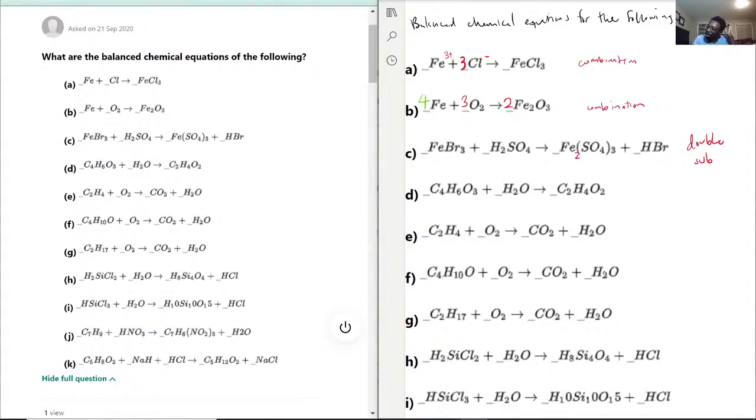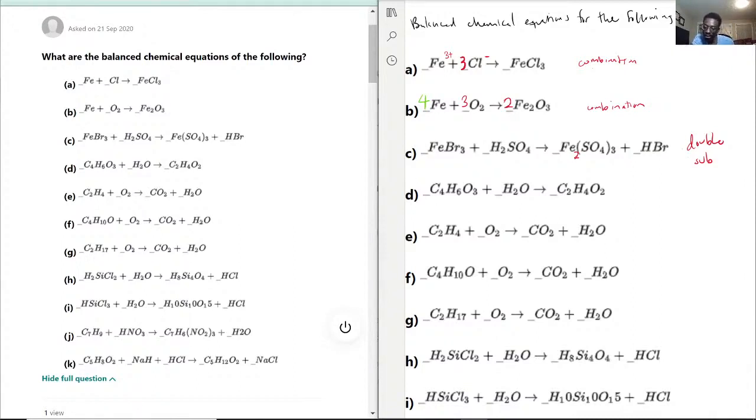Typically, the only thing you'll be changing, as they indicated, is the part in front, not the subscript, but the prefix, that value there. But we need this here because I've never seen that type of sulfate before. It's usually iron 3 sulfate, which is Fe2(SO4)3.